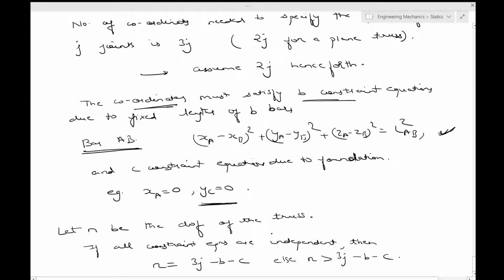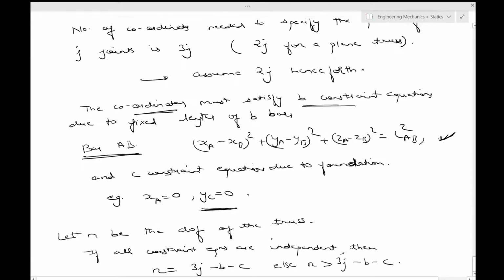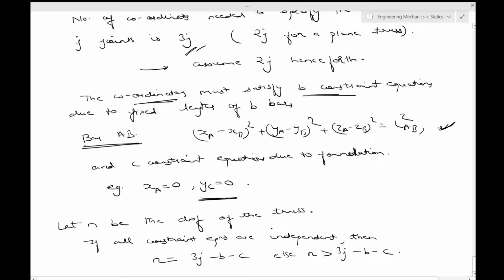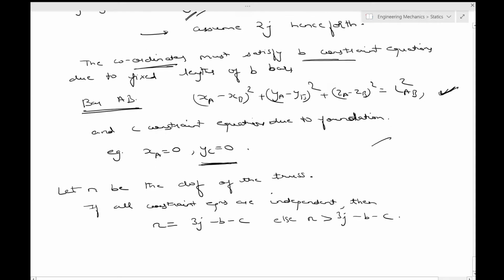So 3j is the most general form, and then we subtract the conditions which we already have. One is this b and the other is the constraint c. If they are not independent, clearly n will be greater than this number. So the gap would increase then.